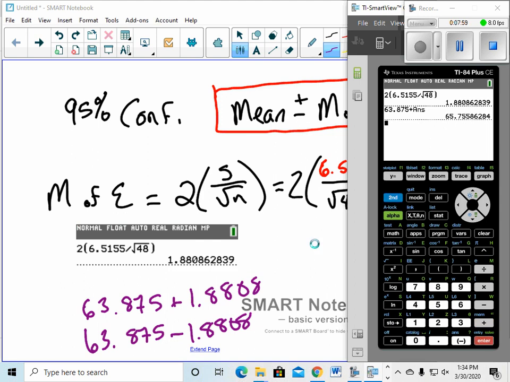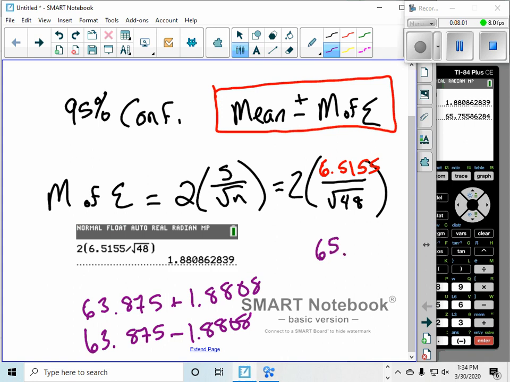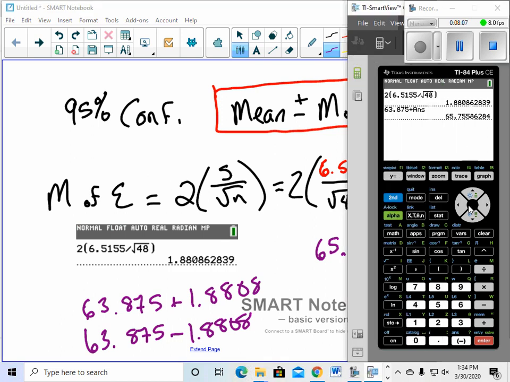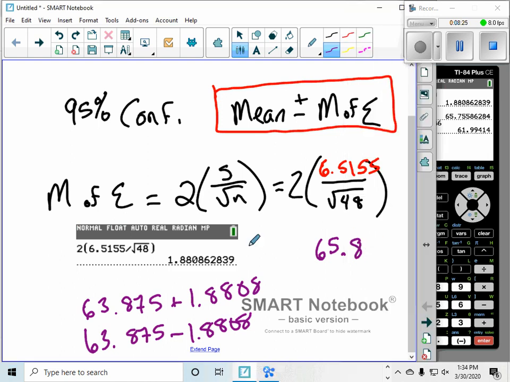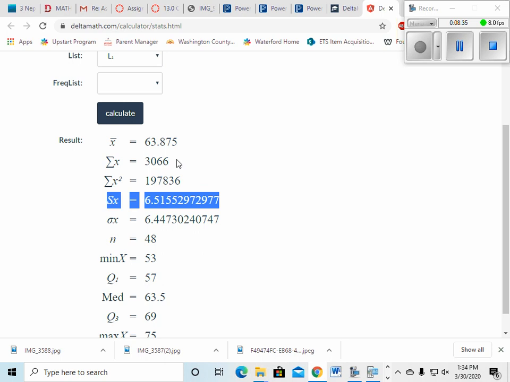So then I end up with 65 point, now I'm going to round that to 8, and then I'll again take my mean and subtract my margin of error, and get 61.99, which would round to 62.0. And now that right there should be my confidence interval.